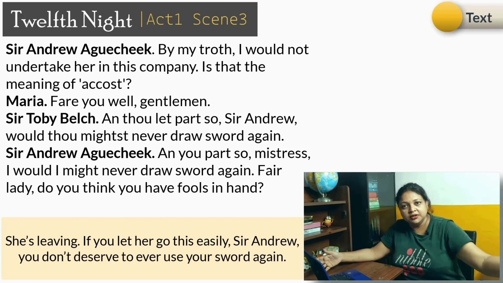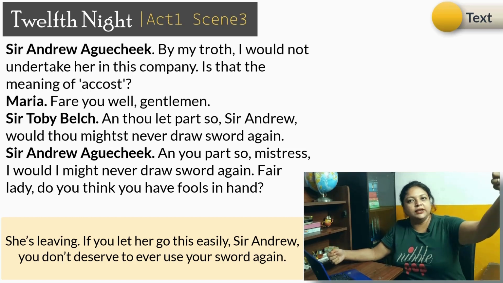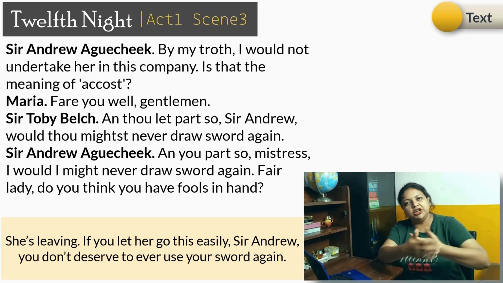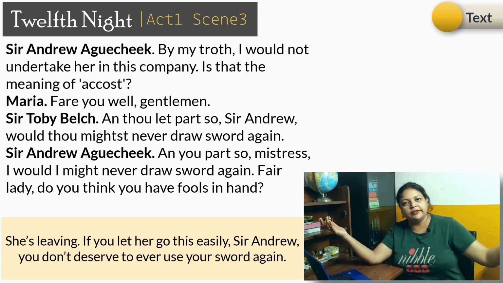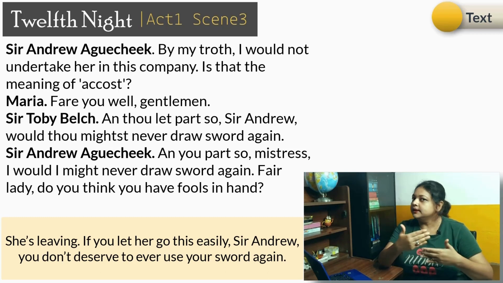Now you are a knight. You should be able to draw out your sword anytime. But if a woman walks out on you, it's shame on you. Then you shouldn't be fighting anymore for anything. Now Andrew, who doesn't have much skill in English language, can imitate what he hears.